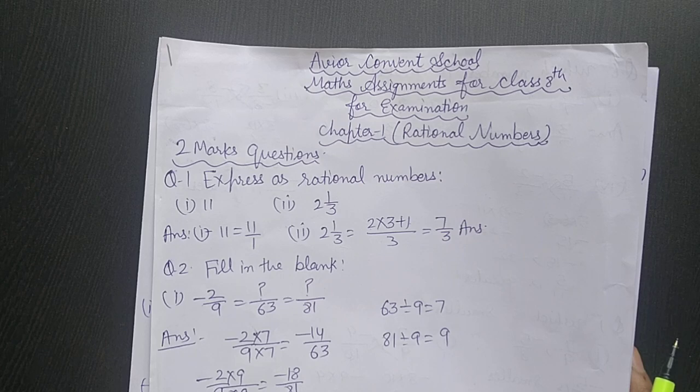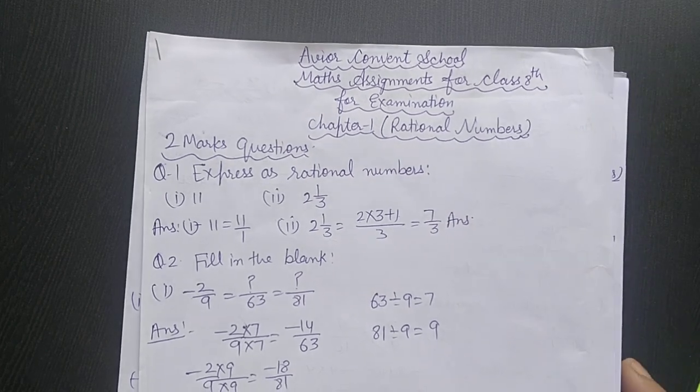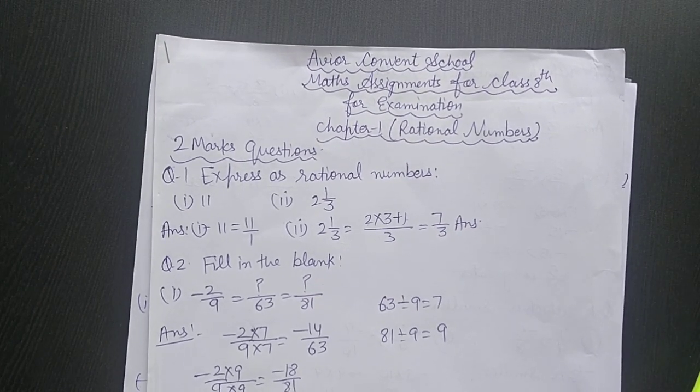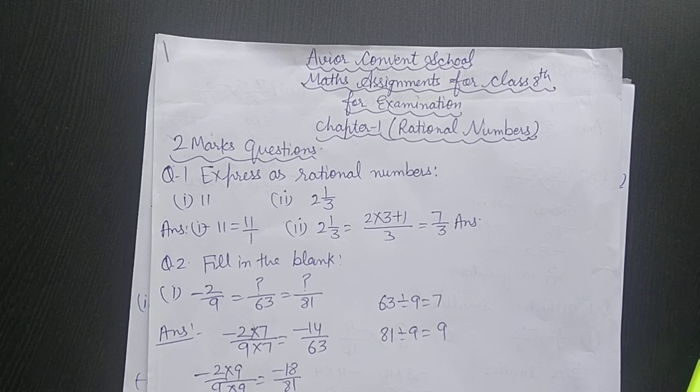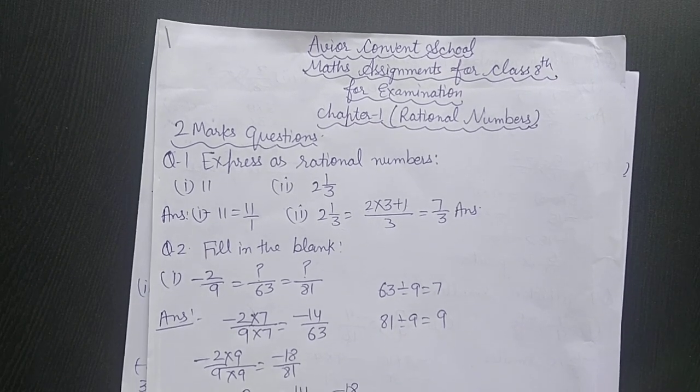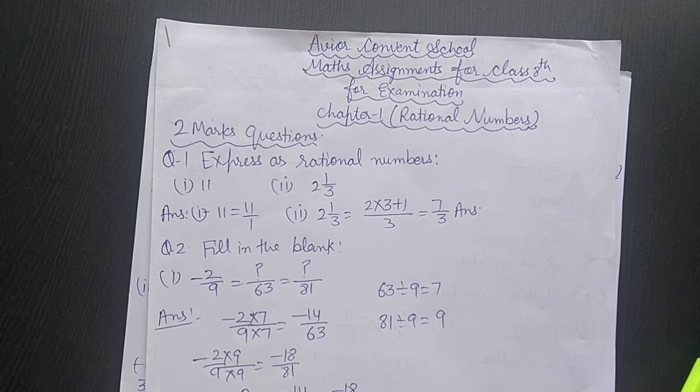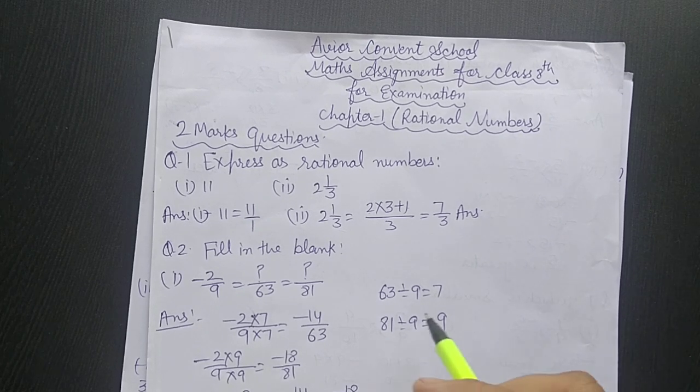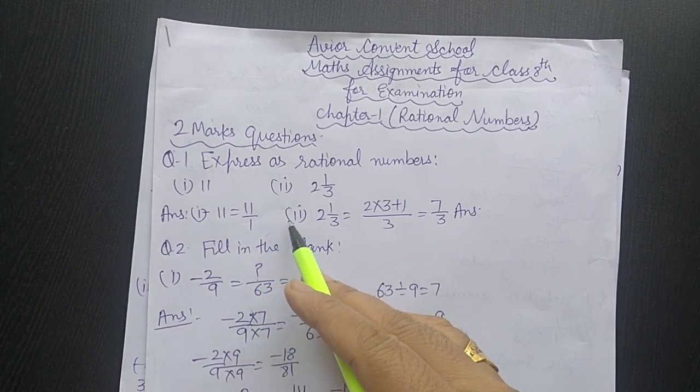So 2 marks questions here, like question number 1 is express as rational number. Already I explained to you what rational numbers are. Rational numbers are the numbers which can be expressed in a upon b form. So like 11 is here, so you can write 11 upon 1.